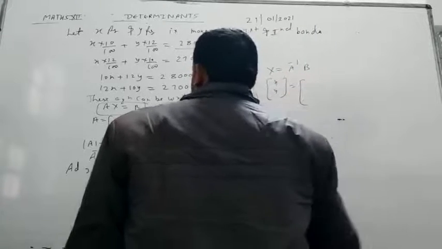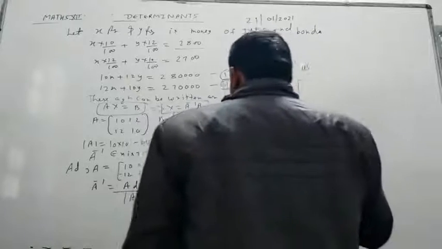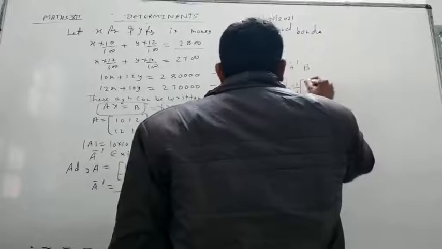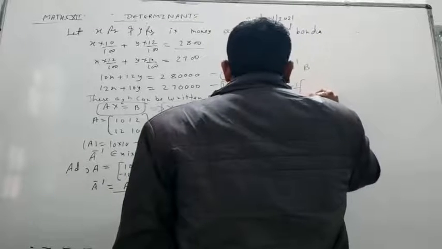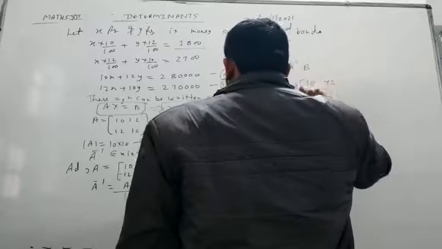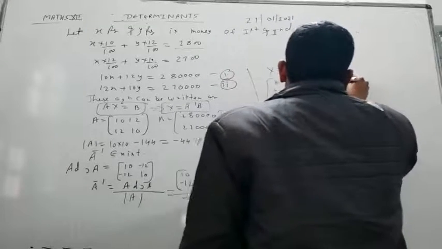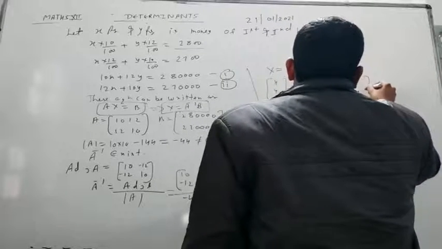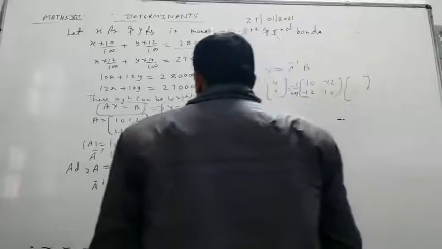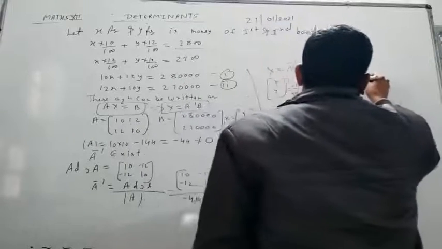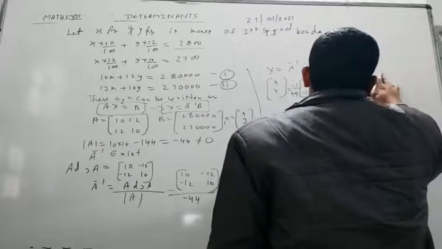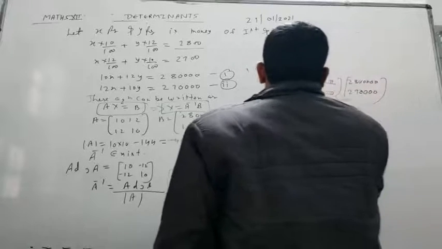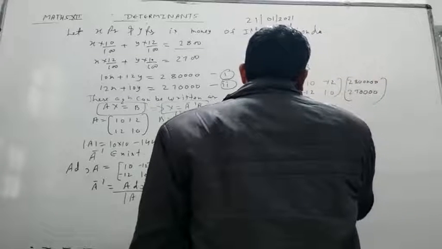So student, A inverse is minus 1 by 44, and this is 10, minus 12, minus 12, 10 into x, which is y, which is 28 and 27. Now multiply these two, we get minus 1 by 44.